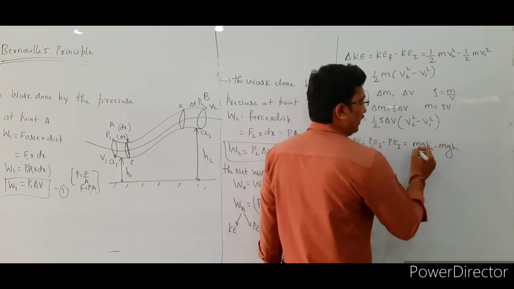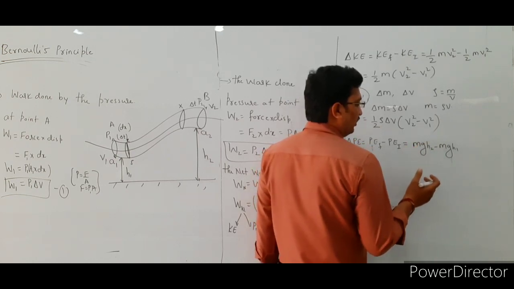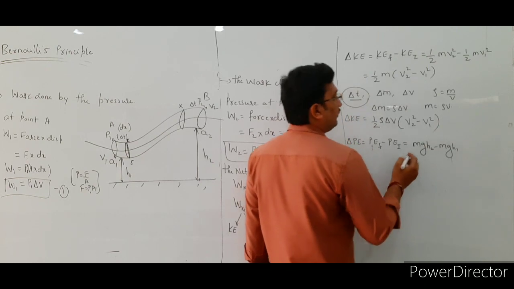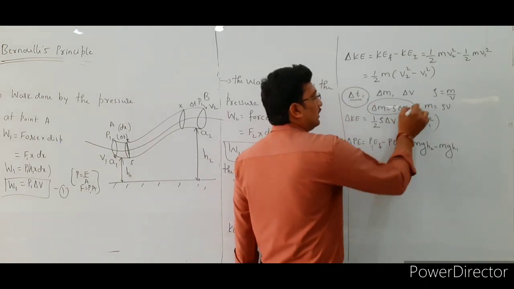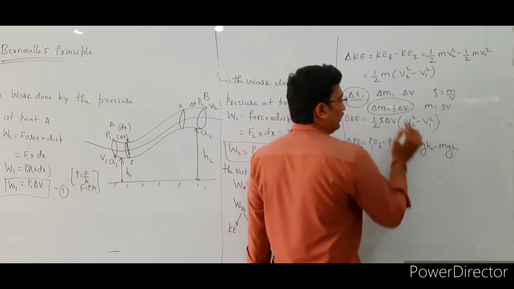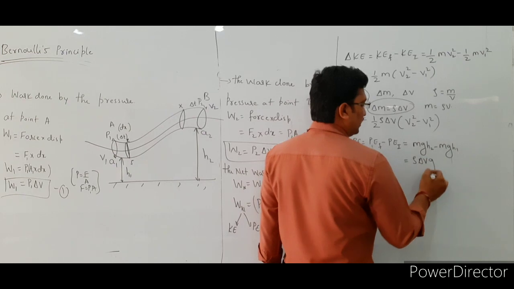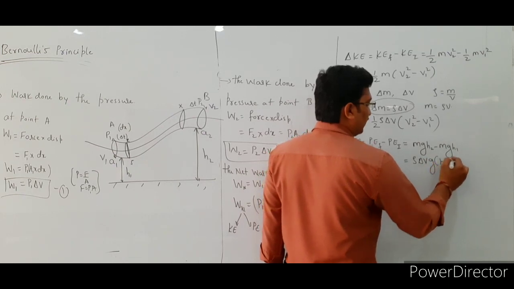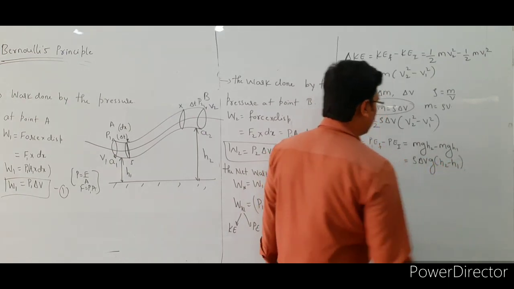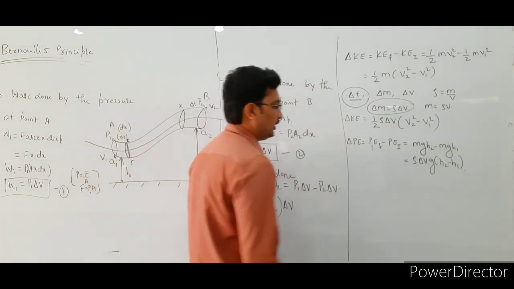In this case the mass is very small, that is del m, and we already know that del m is rho into del v. So taking m common, the value is rho into del v into g bracket of h2 minus h1. So this is the change in potential energy.